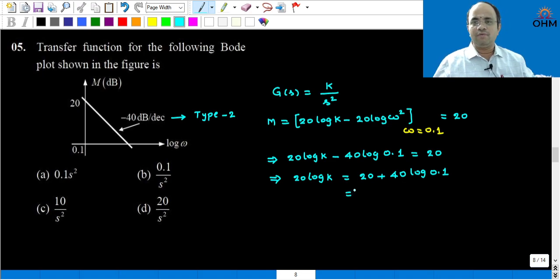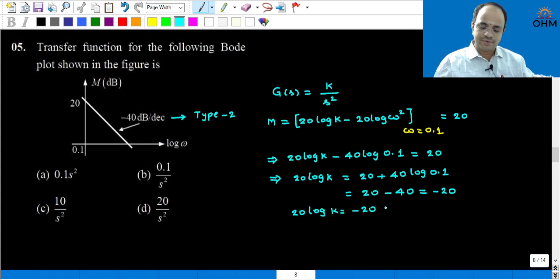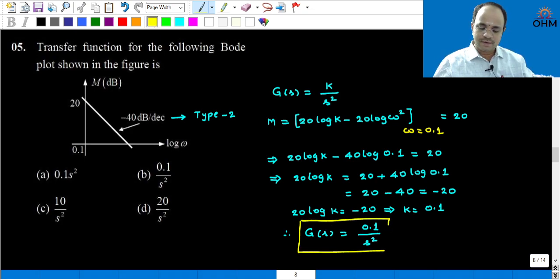Log 0.1 or log 1 by 10 is minus log 10, that is minus 1, so this value will be minus 40. Therefore, 20 minus 40 is equal to minus 20. So, what you have? 20 log k is equal to minus 20. Then k value is equal to 0.1. Therefore, the final value for the transfer function will be 0.1 divided by s square. Option B will be the correct answer.